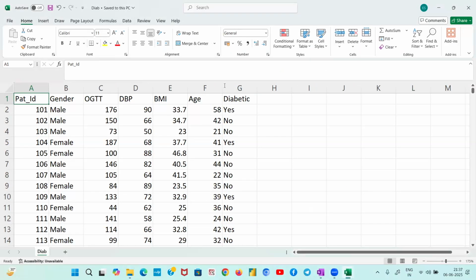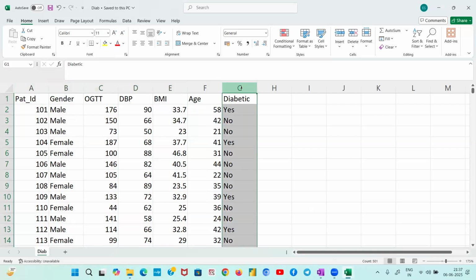We have patient ID, gender, OGT2, which is some glucose test value, diastolic blood pressure, BMI, age, and finally whether the person has diabetes or not. So these are the information that we have.